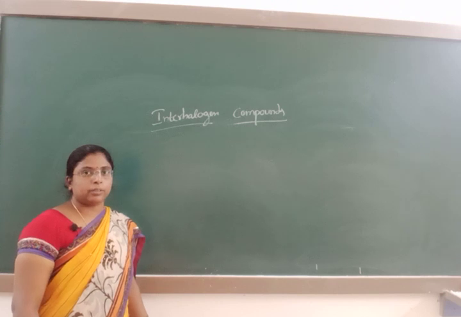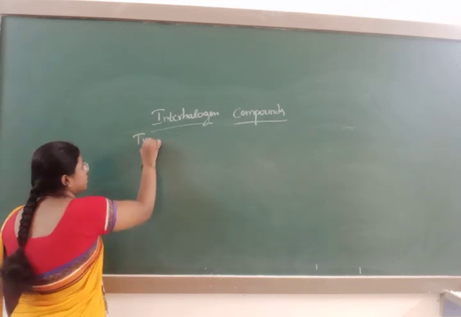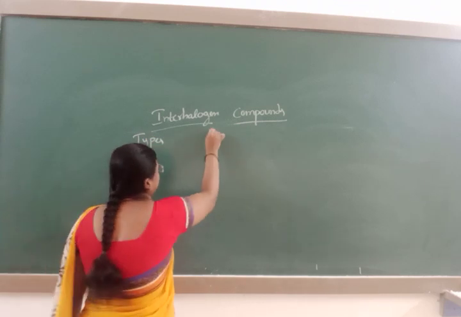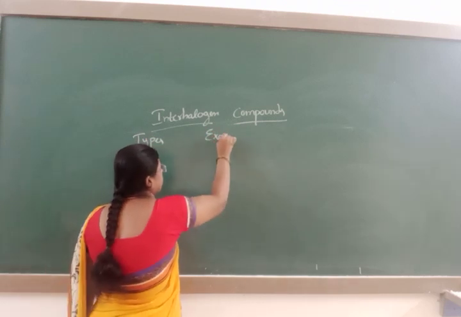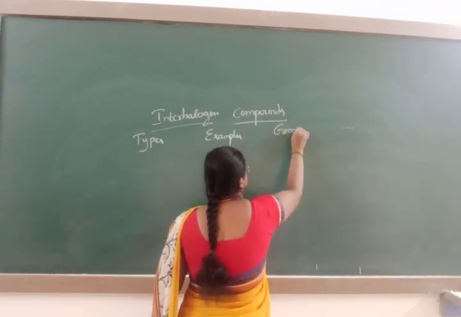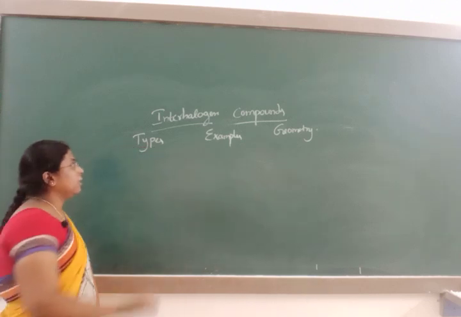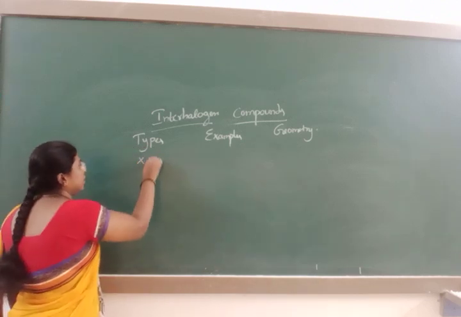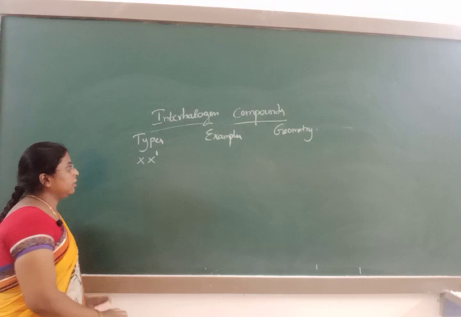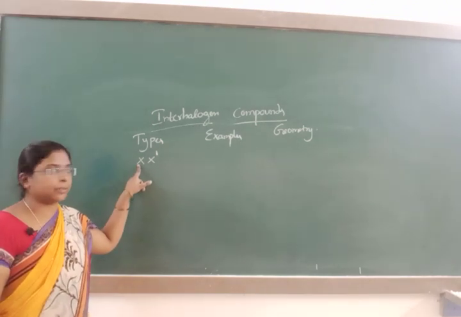Now let us see the types of interhalogen compounds, with examples and geometry. The first type is of the type XX'. Here X is a halogen with larger size and less electronegativity.